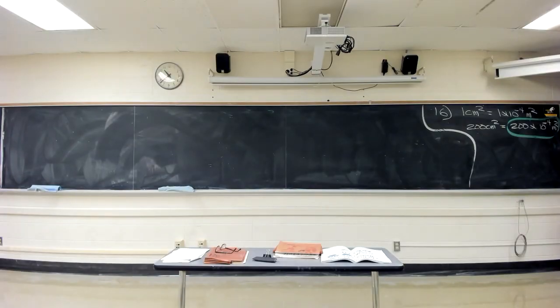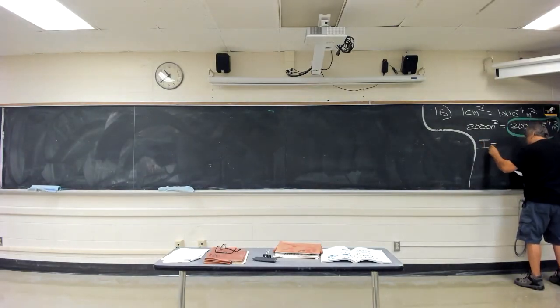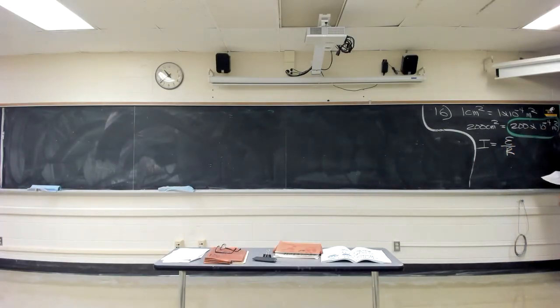We've got that. We know that I, as a general rule, is E divided by R. The E, don't worry about positive or negative, that's not a big deal. We're looking for a magnitude here, which is the number of turns times the time derivative of the flux, or if we're not going to use a time derivative, we can use delta Phi over delta t, which is roughly equivalent for our purposes.